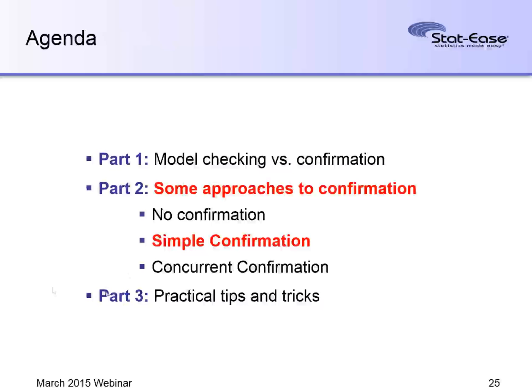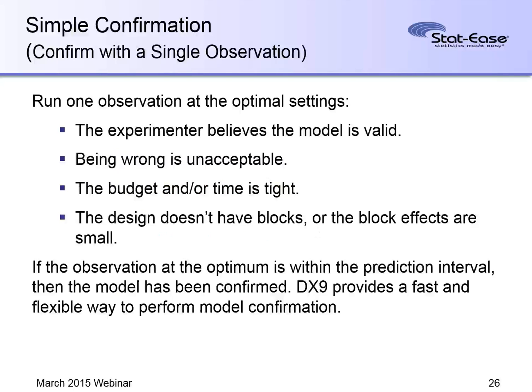Now I'm going to talk about simple confirmation, which is probably the most common way to confirm your model. One thing you can do, for example, is fit a model and use software to obtain a point in the design space that looks good for some reason, for example, a point that might maximize or minimize the response.